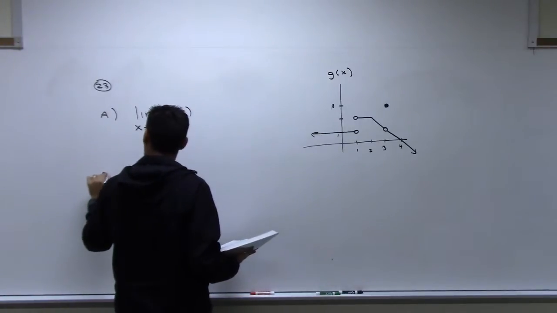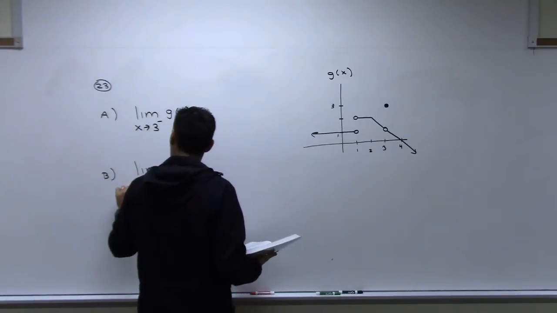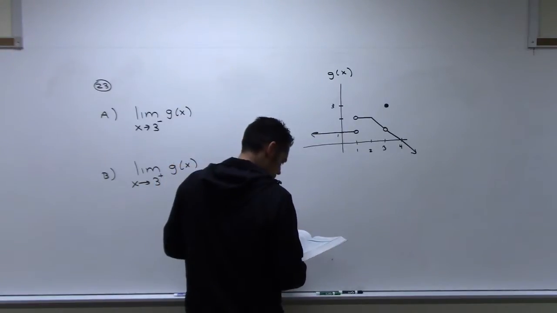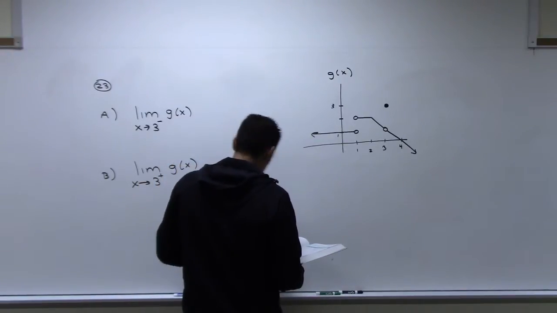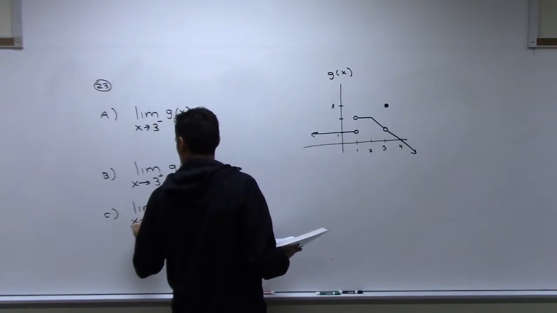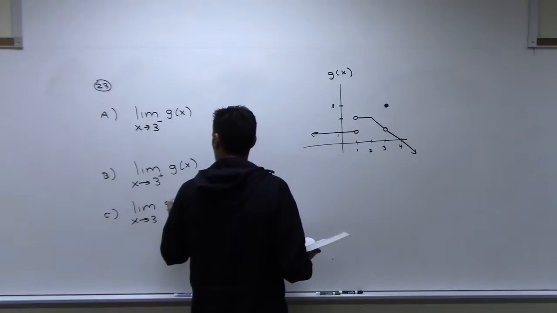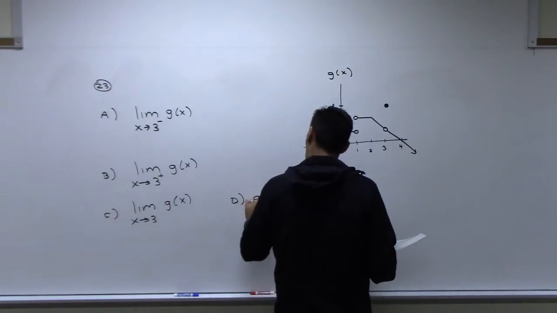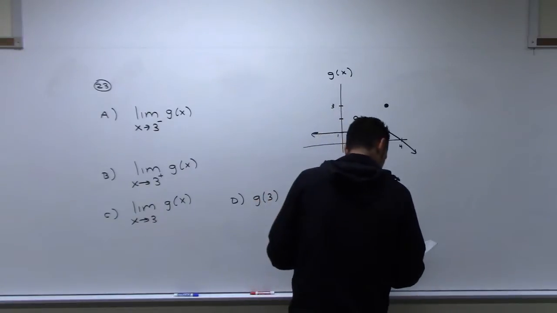For part B, I'm going to guess we're going to approach 3 from the right of this function g. And then C, it wants to know what's the limit as x approaches 3 of the function, which means you have to check both left and right. And then for part D, it just wants to know what's g of 3.